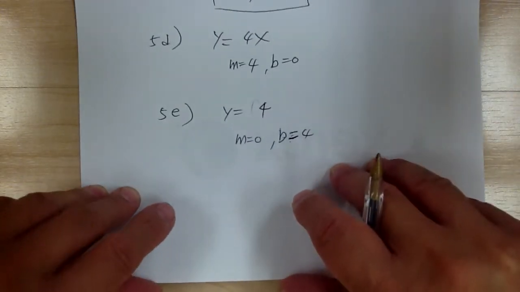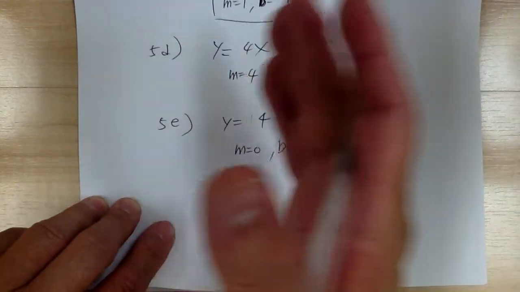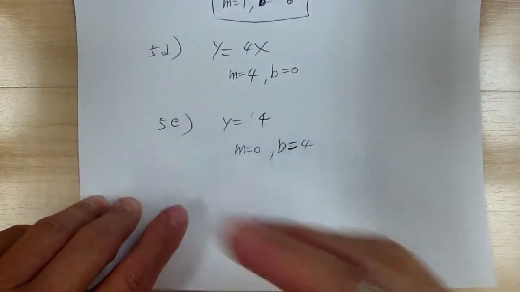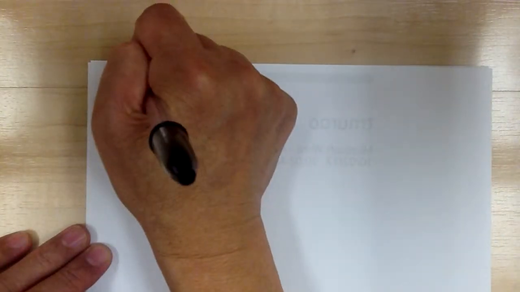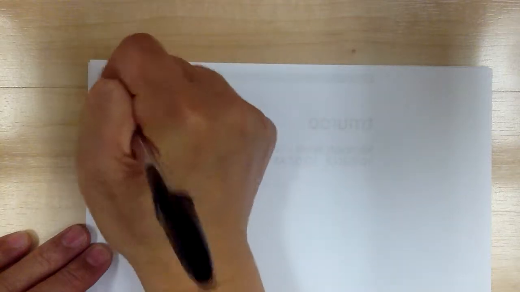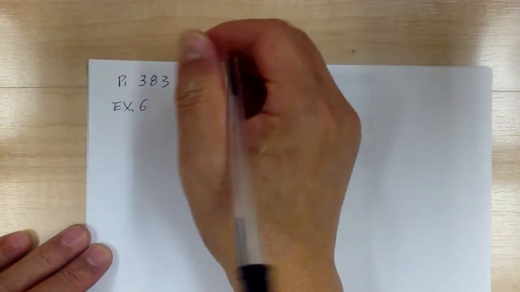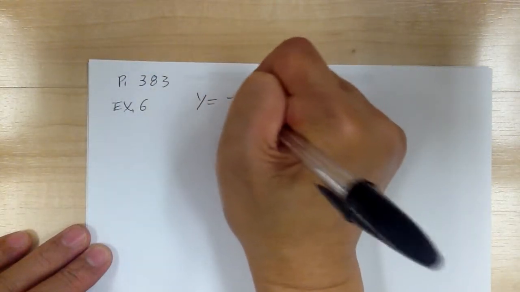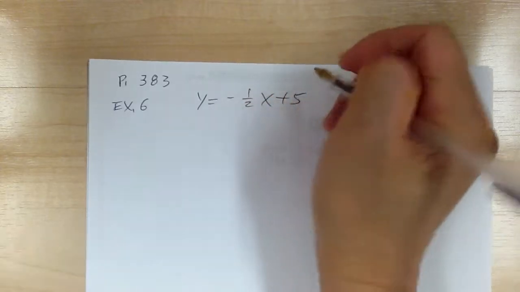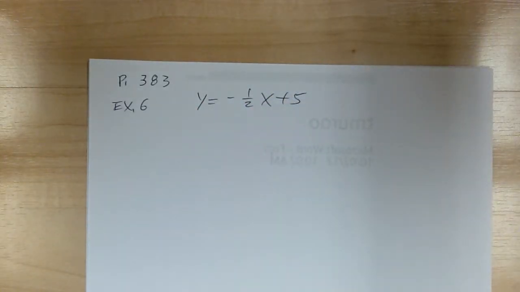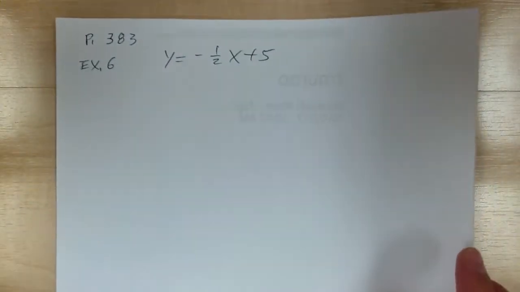Okay, so now what we're going to do next is we're going to use the slope-intercept form to graph. Okay, so let's go to example 6. Example 6, you got y equal to negative 1/2 x plus 5. So when you have a slope and intercept, to graph this is very easy.